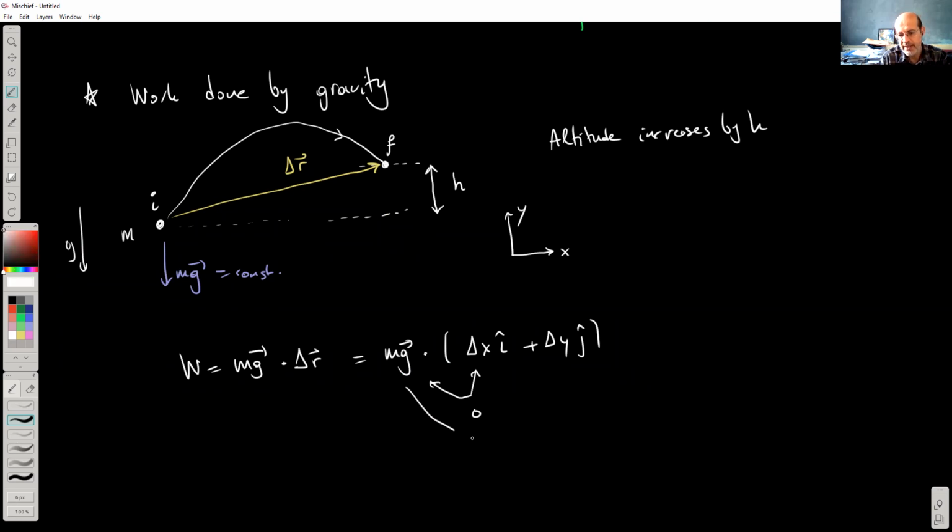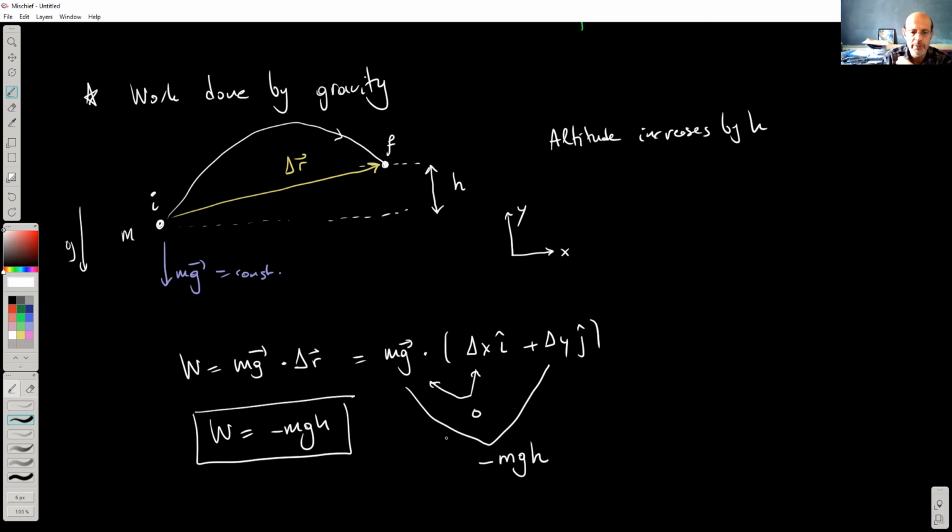The other dot product, this one in here: mg is pointing downward and the displacement is upward. Since they are opposite to each other, the work done is equal to minus mgh. So in this situation, the work done is basically given by that expression.